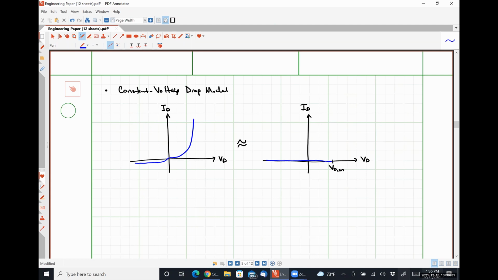So we have no current until we hit that VD on value, at which point any current that needs to flow through the diode can flow through the diode. Okay. So we're approximating that exponential growth as a straight line that's just been moved out some so that it's not occurring directly at the origin.